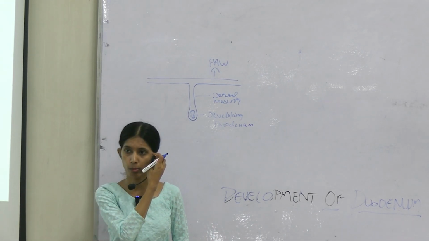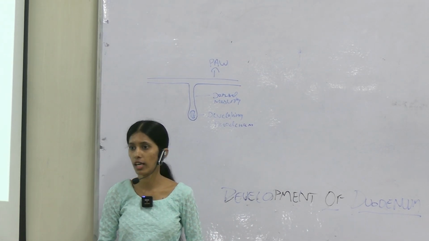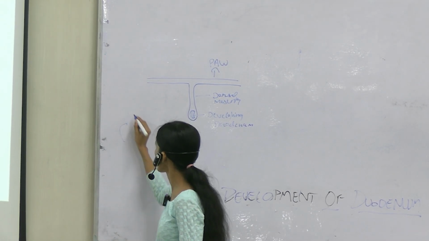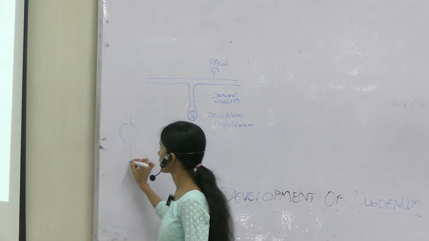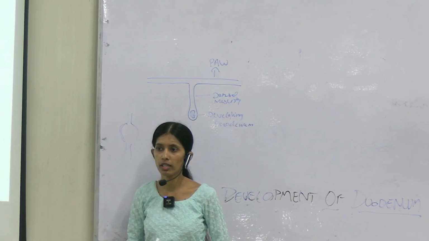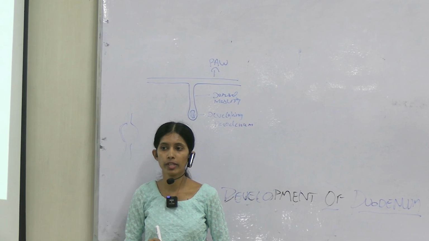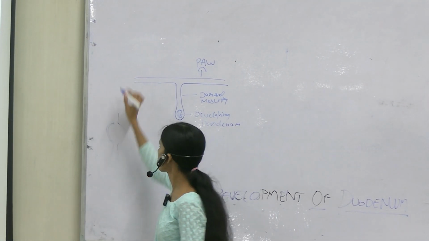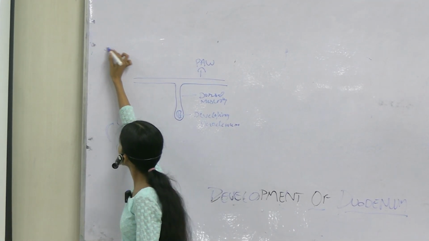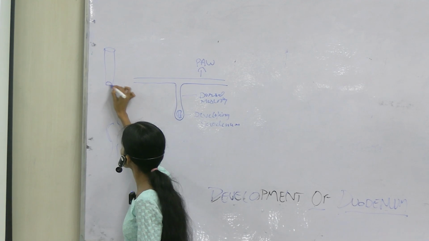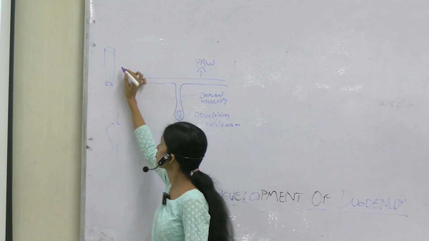While studying the development of your stomach, I said there will be a fusiform formation or enlargement of the stomach. In the same way, for the development of intestine, it will form a loop-like structure. So your gut tube will be like this in the initial time.